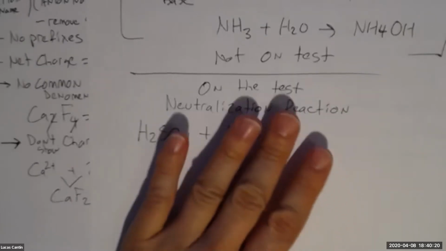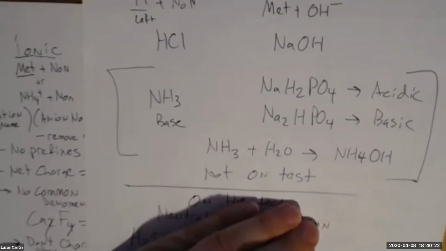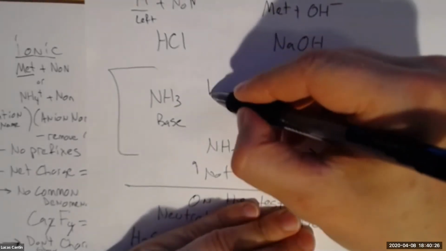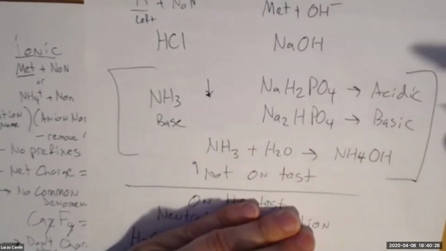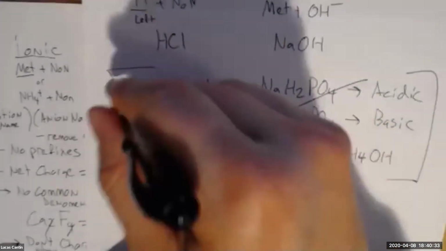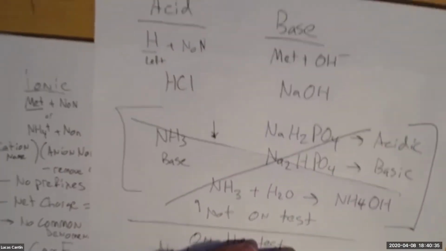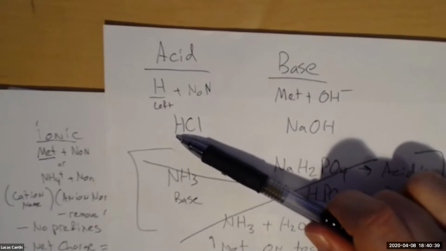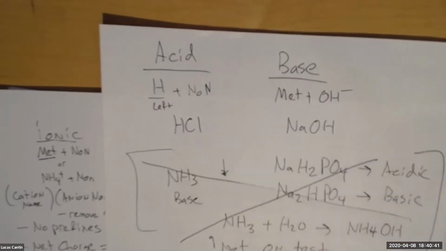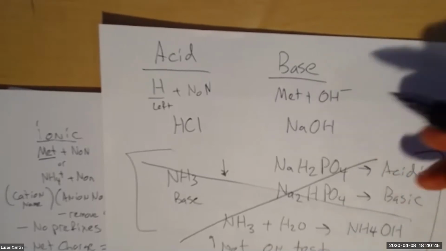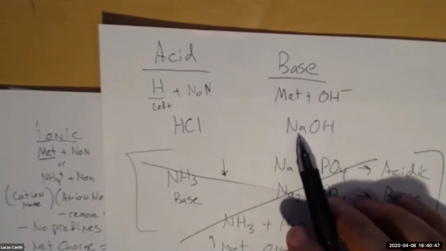What's not on the test is from here to there, so should I just cross it out? Maybe I should make it go away. Don't do this, but you will need to know for naming that hydrogen on the left with a nonmetal gets an acid name. And what we call a base is really a special case of an ionic compound.